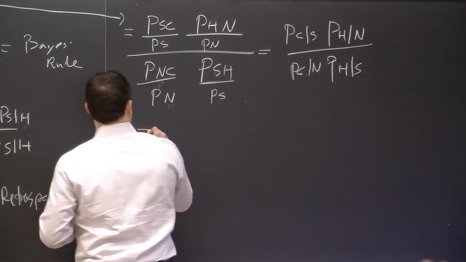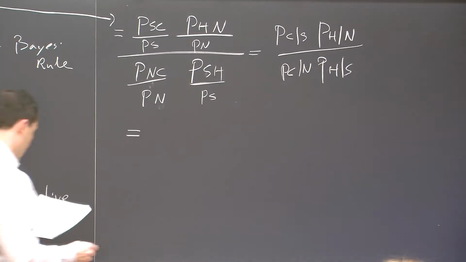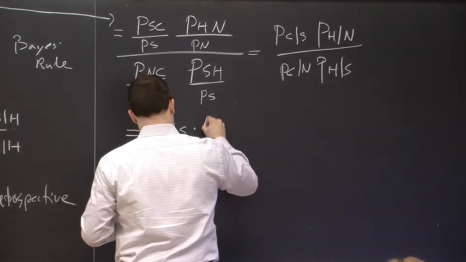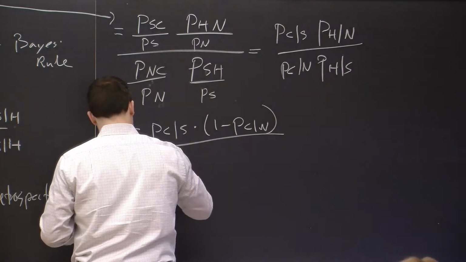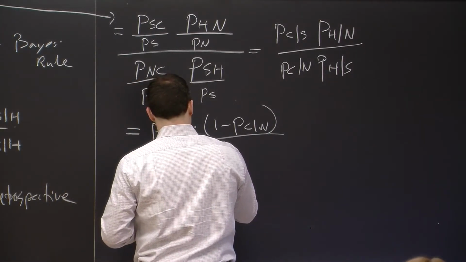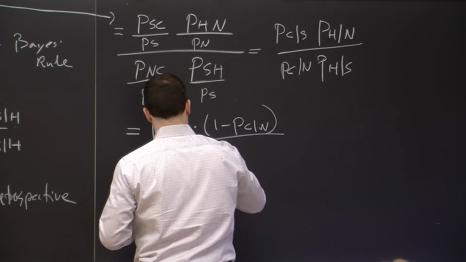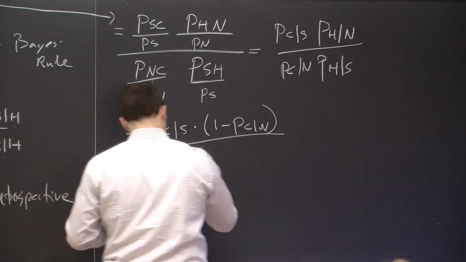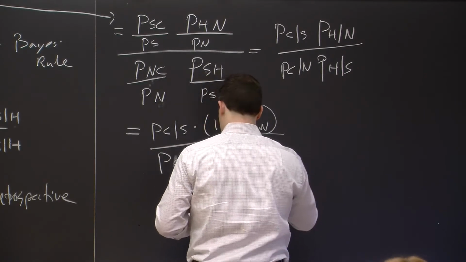And then using the fact that the conditional probabilities are 1 minus their complement, I can rewrite that as probability of cancer given smoking times 1 minus probability of cancer given non-smoking over probability of cancer given non-smoker times 1 minus probability of cancer given smoker.